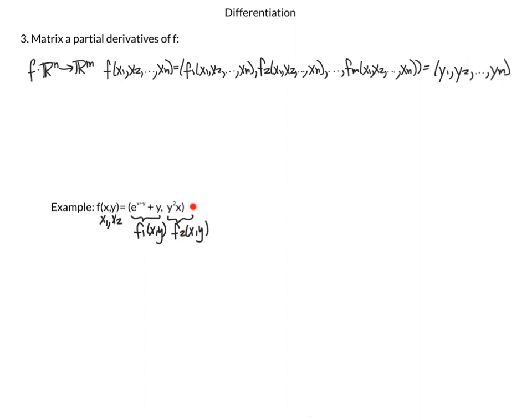If we had something that added another coordinate, like 2x or something, then that would be our f3. So again, here we have two dimensions, R2 mapped to R2, but we can extend this to Rn and Rm.